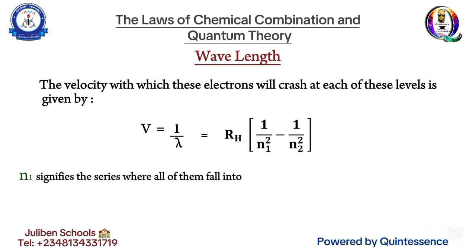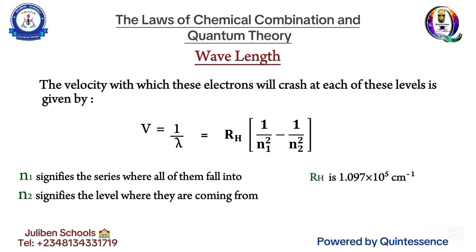N1 signifies the series where all of them are falling to, while N2 signifies the level where they are coming from, okay? So you can always make your hypothesis right. Then the Rydberg's constant is 1.097 times 10 raised to power 5 per centimeter.